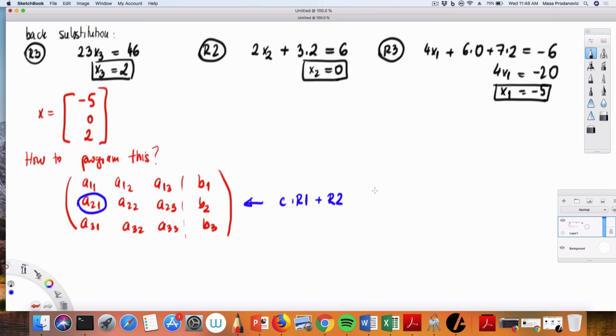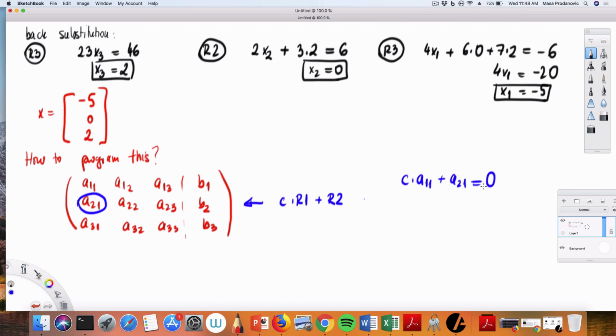So C times A11 plus A21 will replace my A21. Is that correct? Which I want to be 0. Can you find C now? Yes.